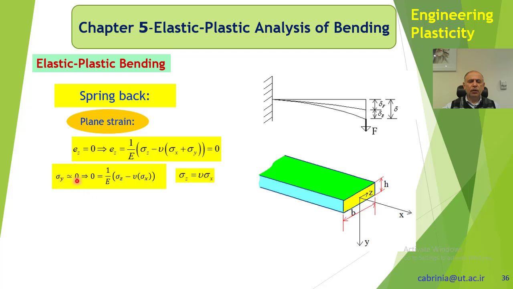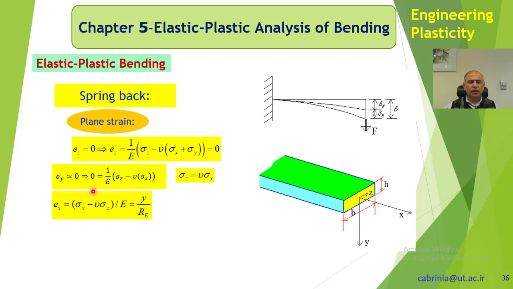So if we put sigma Y equal to 0, we get sigma Z equal to mu sigma X, and that's the relationship we find. And we know that epsilon X is equal to sigma X minus mu sigma Z over E, because sigma Y is 0, and that epsilon X is also equal to Y over RE.